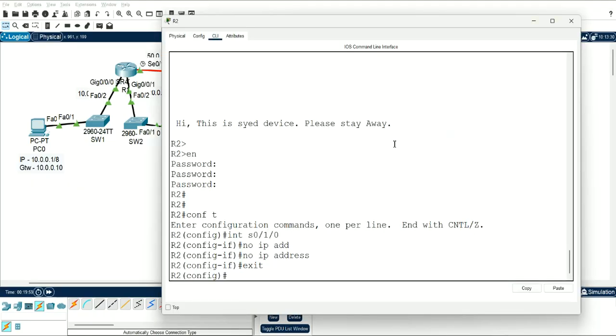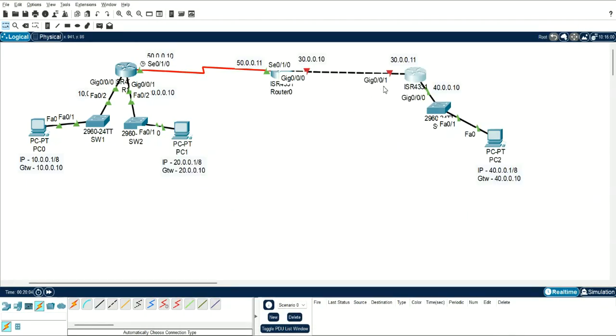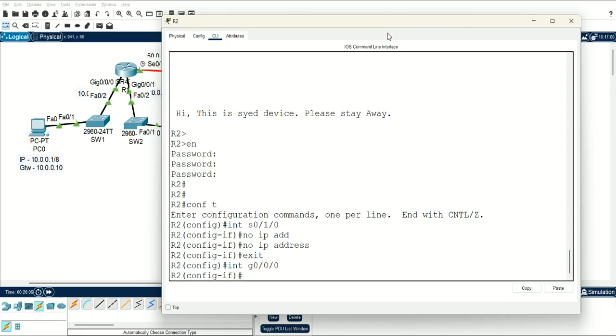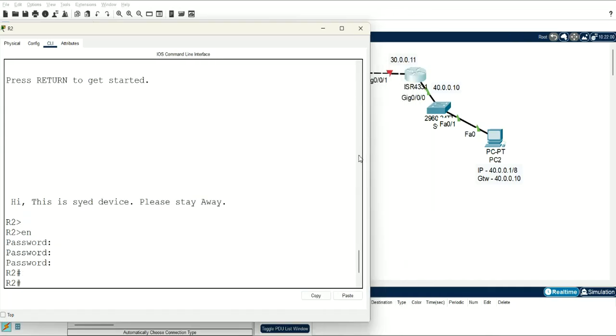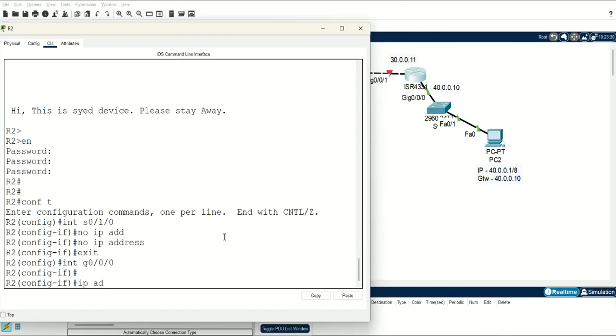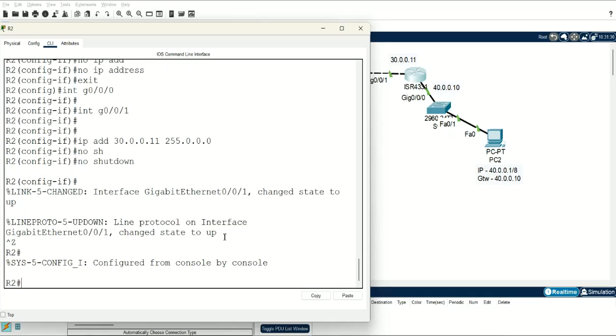First remove that IP address and then go to G0/0/1, sorry, G0/0/1, IP address 30.0.0.11. Fine.